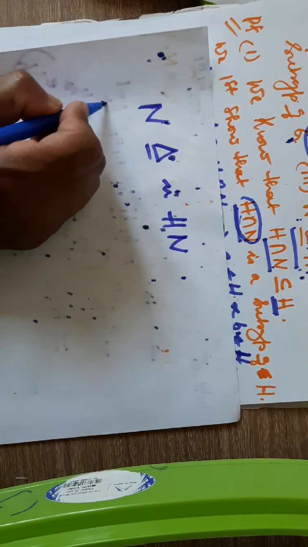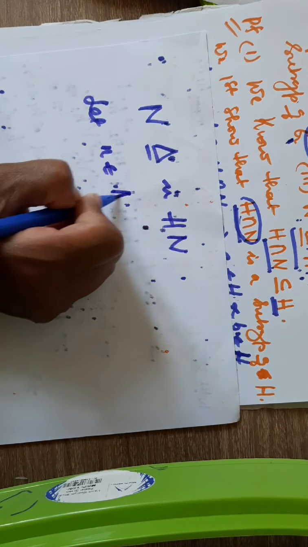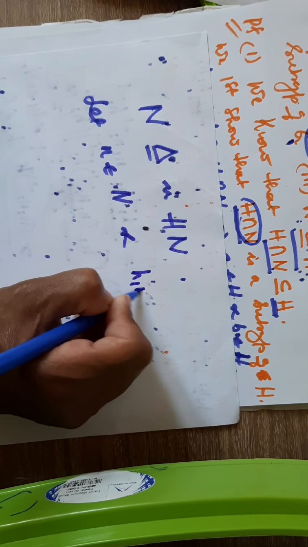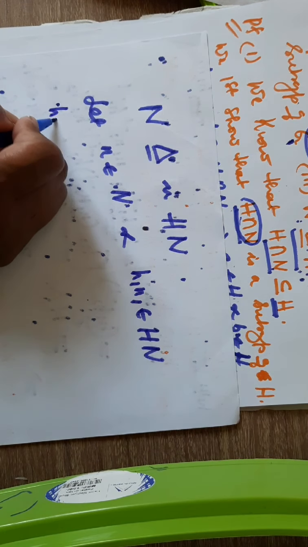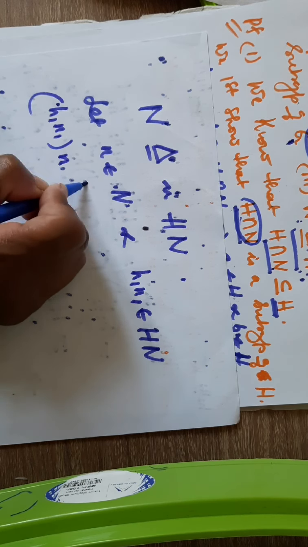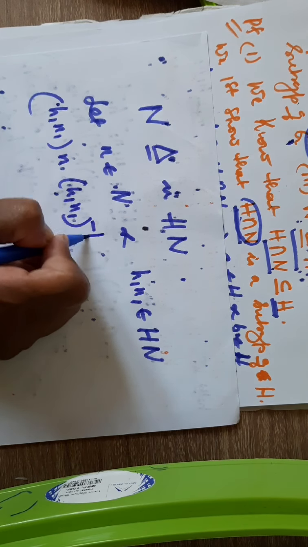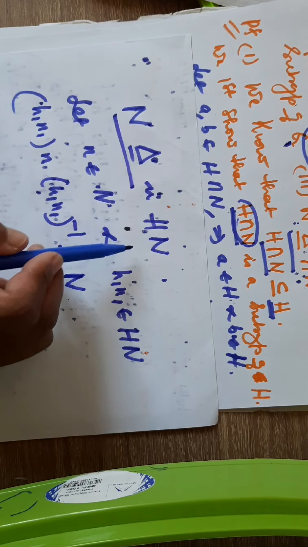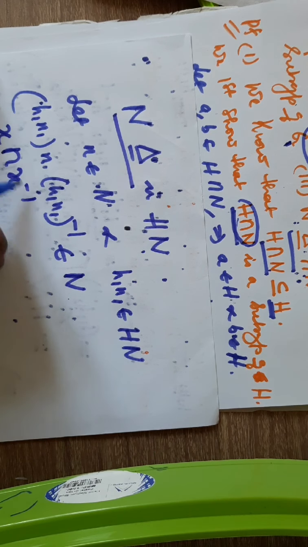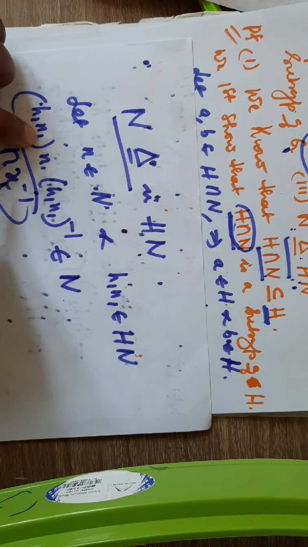So for this one you take n belongs to N and h1 n1 belongs to HN. If I can show that h1 n1 n into h1 n1 the whole inverse belongs to N, then I can conclude that N is a normal subgroup of HN. That is of the form x n x inverse, where x here is h1 n1.